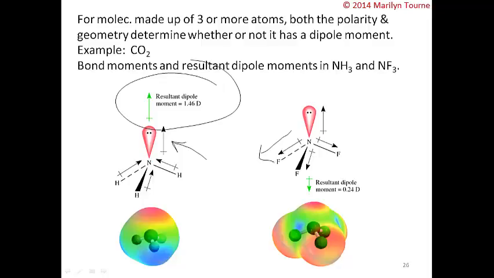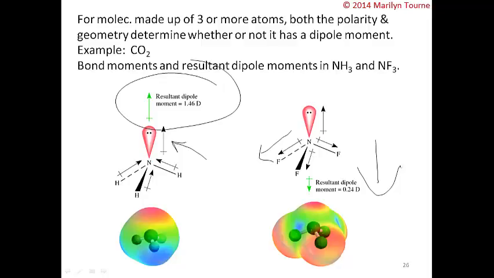So you have 3 vectors going down and 1 vector going up. So the resultant dipole moment, it's kind of like the sum. You're taking the sum of them. And the resultant dipole moment would be going down because there's way more electron density towards those fluorines. It kind of overcomes that electron density from the nitrogen to the lone pair.